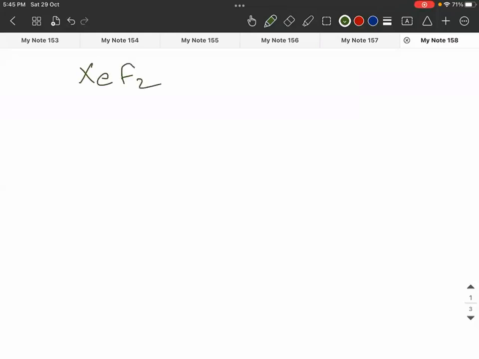You tell me how to calculate the total electron pairs. What is the central atom here? Look here, xenon. Xenon comes under the inert gases, right? So 8 valence electrons, and the last shell is 8, no change. Then 2 atoms are attached, plus 2, divided by 2. So 8 plus 2 is 10, 10 by 2, 5 electron pairs.